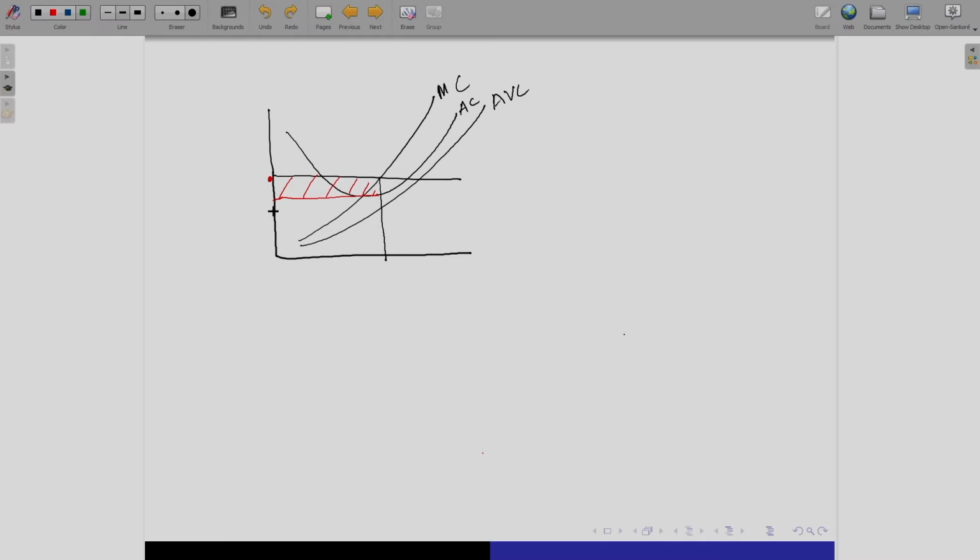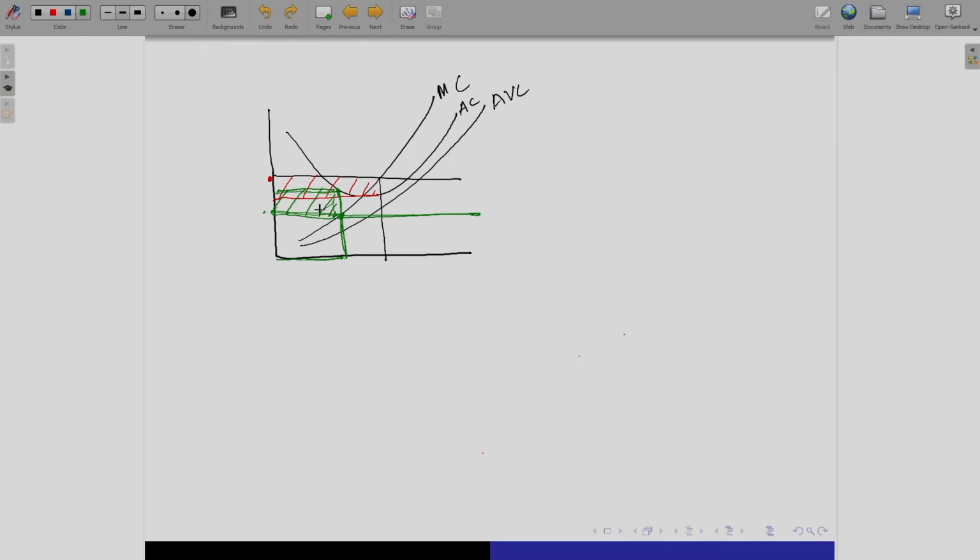Suppose the price is this, the market demand curve is this for the firm, then the optimal output is this, so cost is here, and this green box is the loss, because the average cost into the output is the total cost, and the price into the quantity is the total revenue.